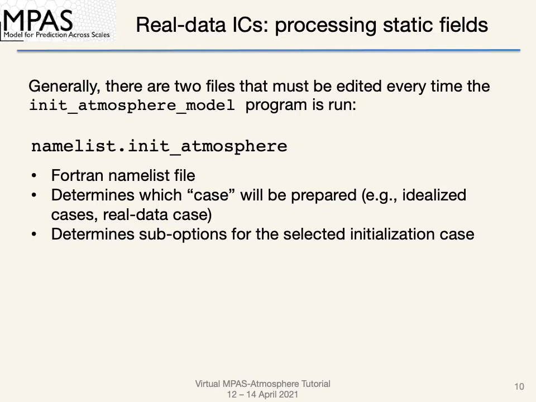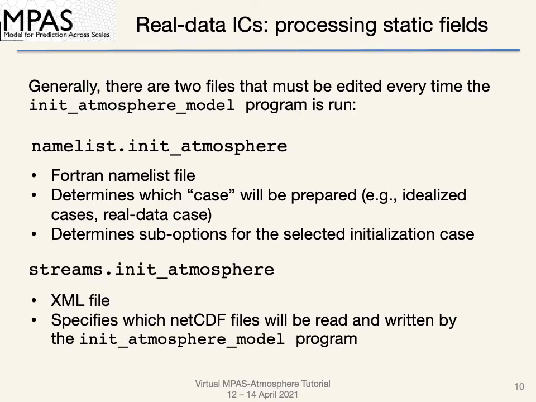And inside of this file, as we saw in the previous slide, you can specify what sorts of initial conditions you want to produce with that config init case option. And secondly, we can select sub options. For example, we could say that we're creating real data initial conditions, but we only want to process the time invariant or static fields. All of these options get set in this namelist.initAtmosphere file, which is just a plain text file that you can edit with your editor of choice.